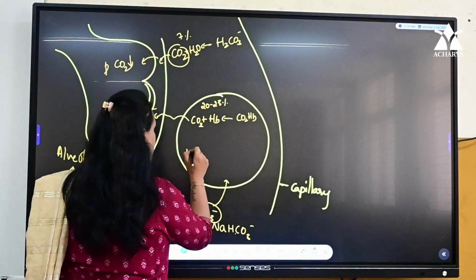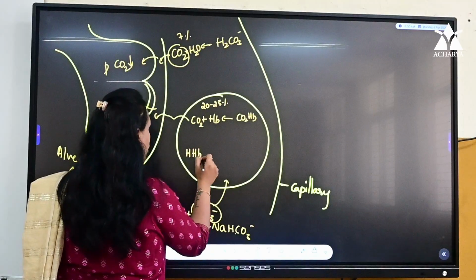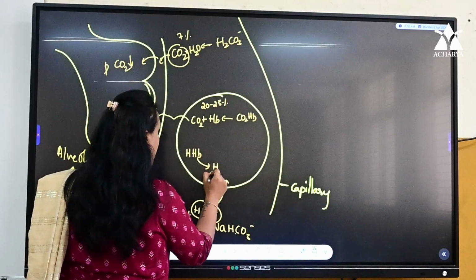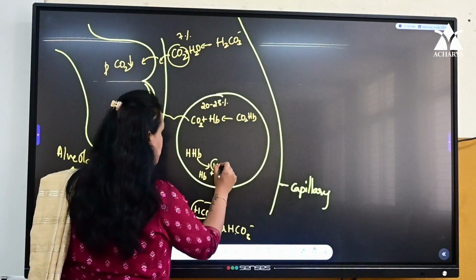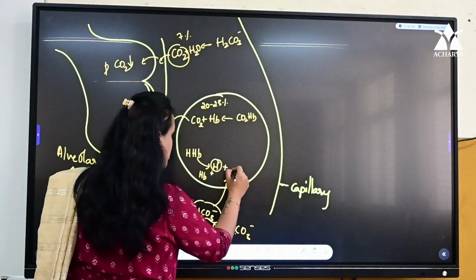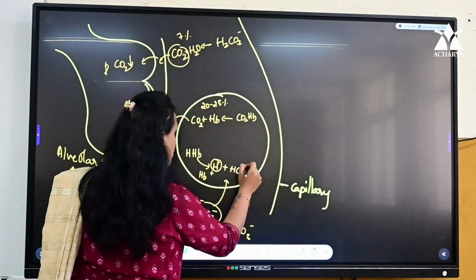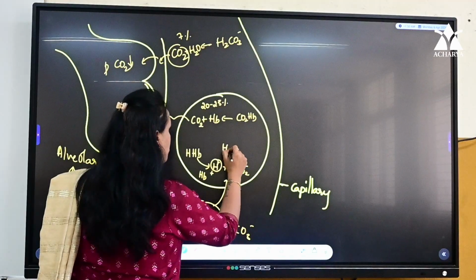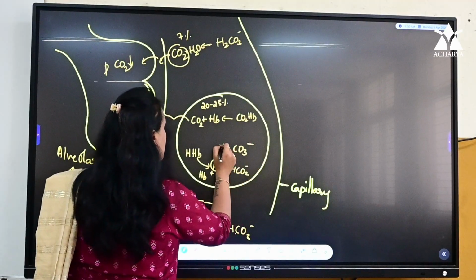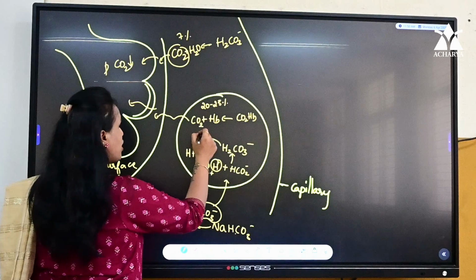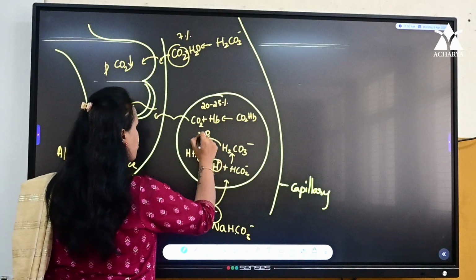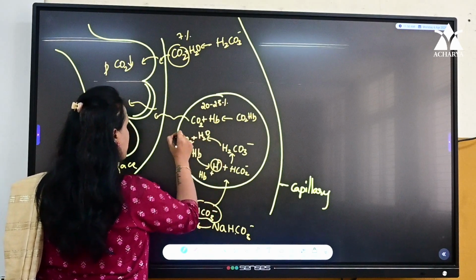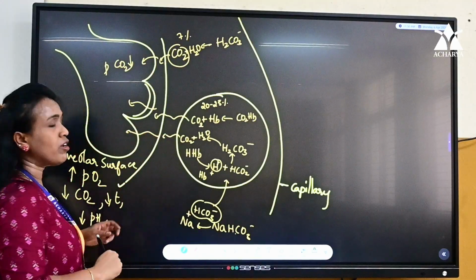Now in the meantime H plus and Hb will also split to H and Hb, where this H plus ion combines with this HCO3 minus to form H2CO3. In a reversible reaction, again this is splitting back to H2O and carbon dioxide. The carbon dioxide is entering into alveoli.